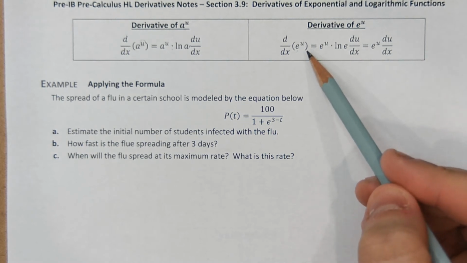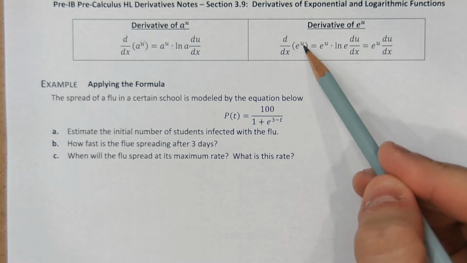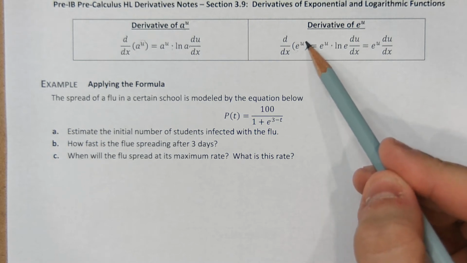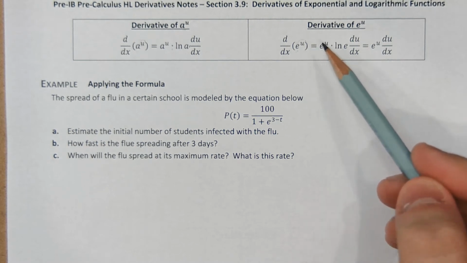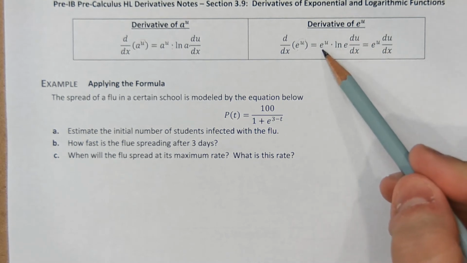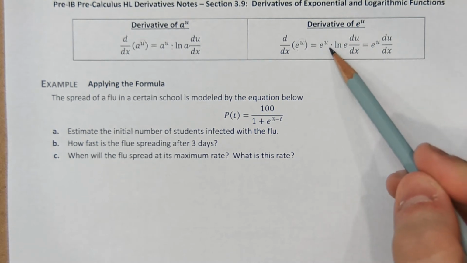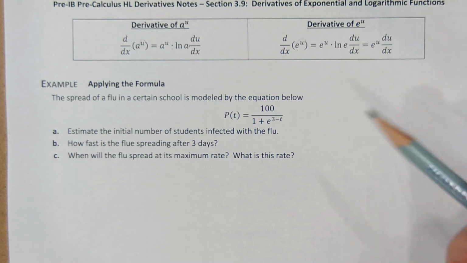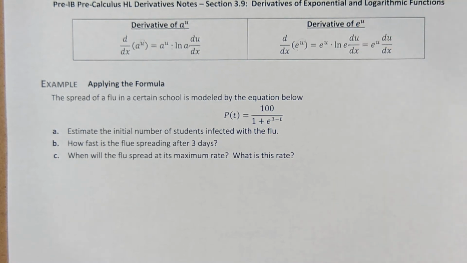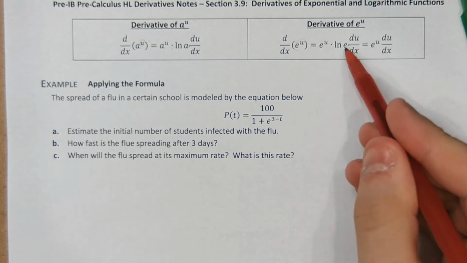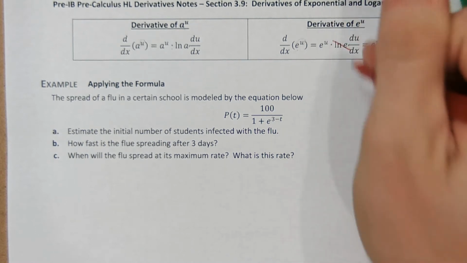So, speaking of, here is a constant raised to a power. E, the natural base e. E raised to any exponent. This exponent could be a function in terms of x. Let's follow the rules. You write the original exponential, you multiply by ln of the base, and then you follow the chain rule, and you multiply by the derivative of the exponent. But ln of e is 1. They cancel out.